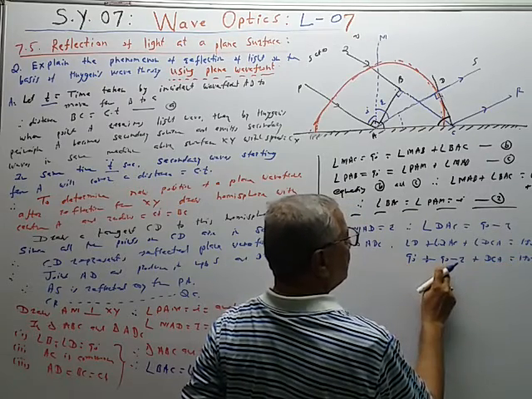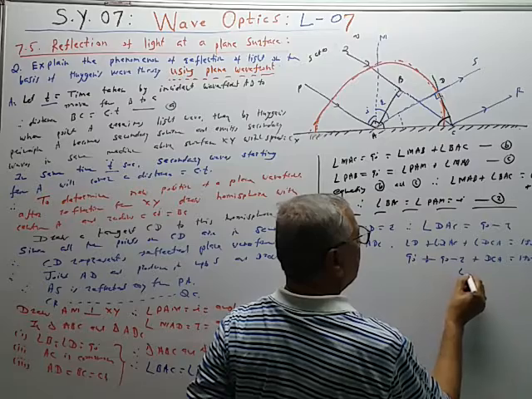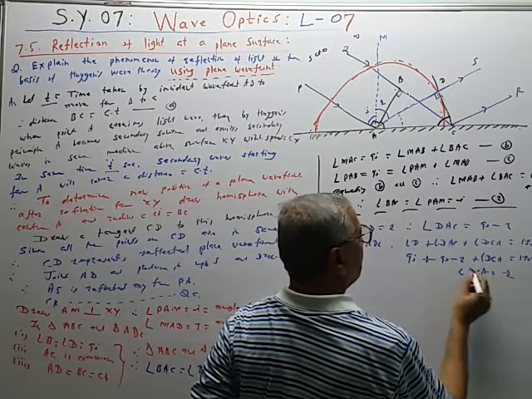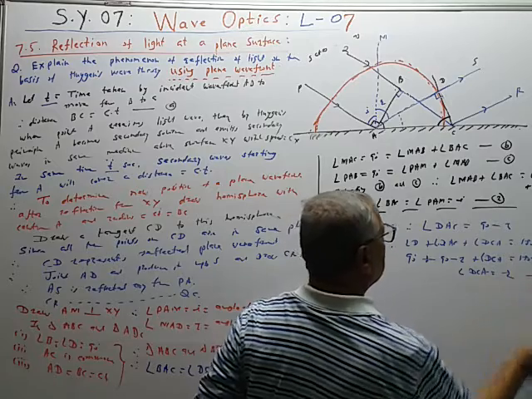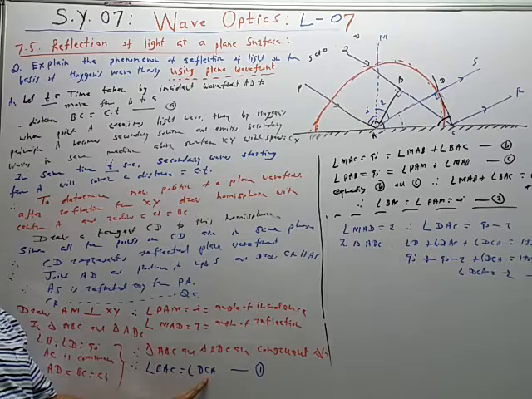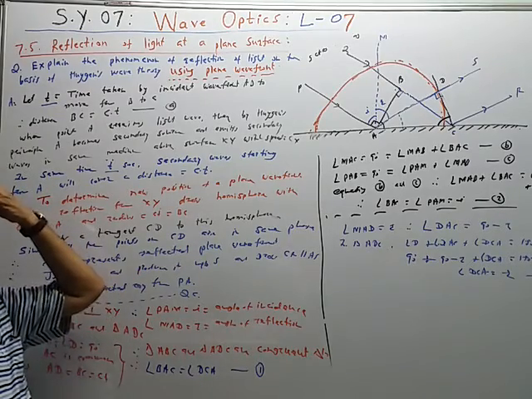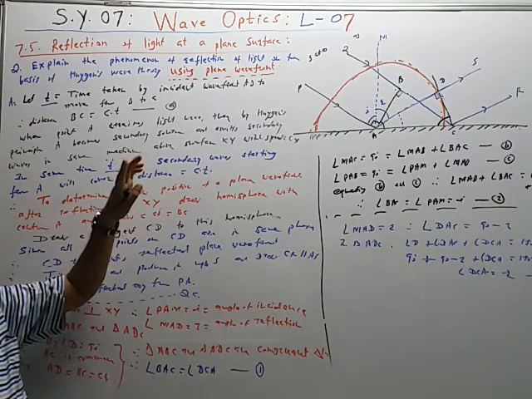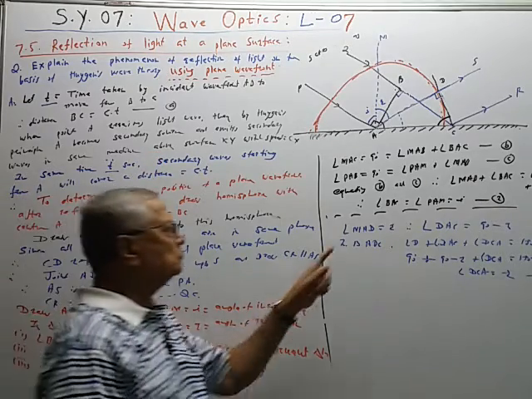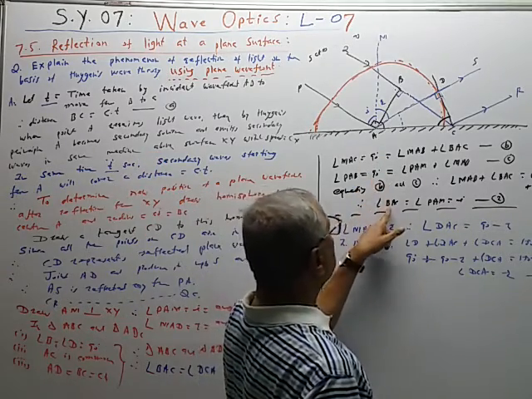So 90 plus 90, 180 will get cancelled and therefore angle DCA is equal to R. So this is equation 3. So out of these two angles, this angle is R, this angle is R. तर हे सेपरेट प्रूव्ह करण्याची गरज नाही, डायरेक्टली लिहिलं तरी चालतं तुम्ही. So check the geometry.